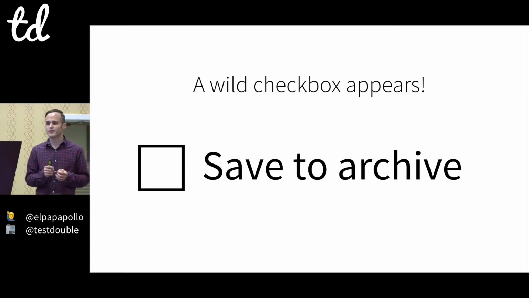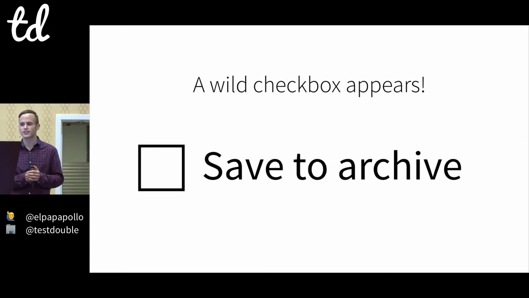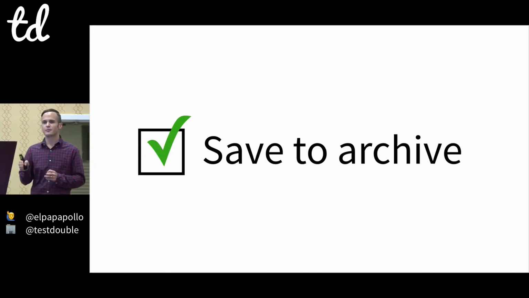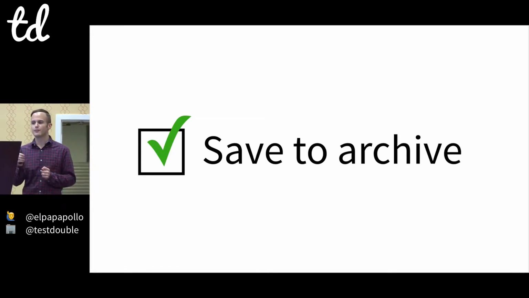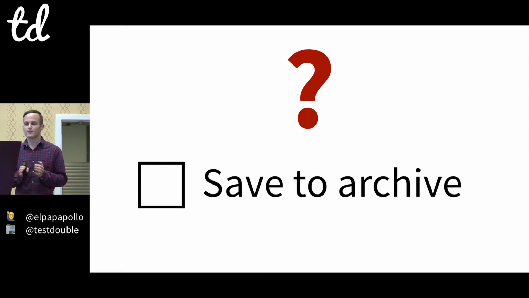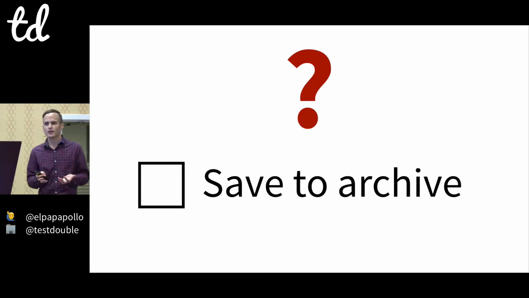Take, for example, one of the most notorious form controls, the checkbox. When the user checks the checkbox, they know that at some point this form will save some information to an archive. If the user doesn't check the box, though, what's the alternative? Our user might be wondering if the information will be saved somewhere else, not at all, or if maybe a modal is going to appear and prompt them to save it somewhere else.